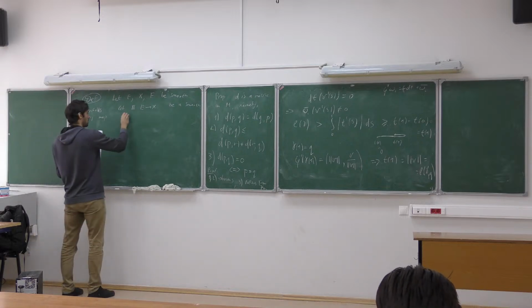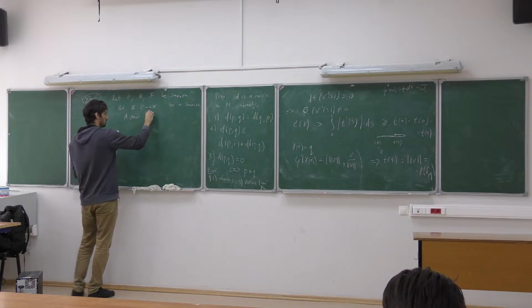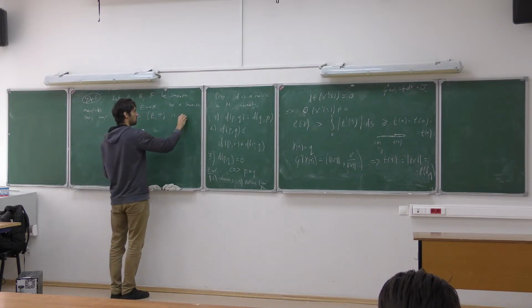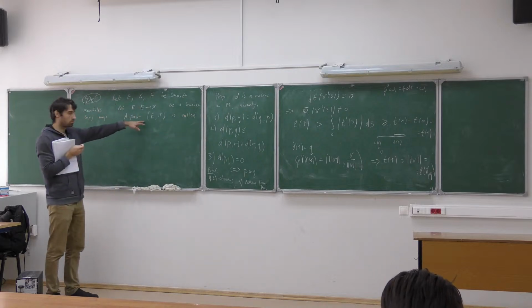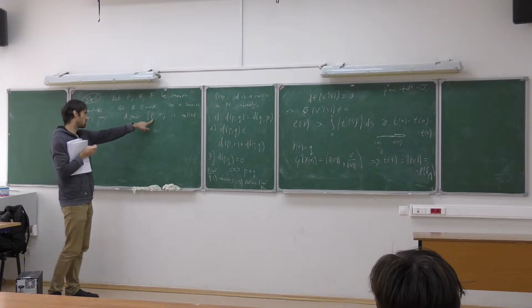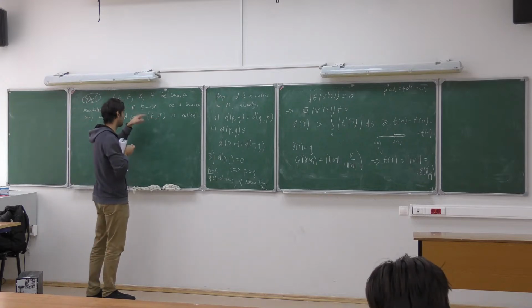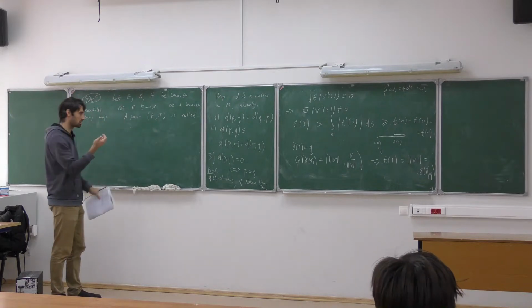Then a pair of E and this map is called, well, the terminology is the same as for vector bundles: sometimes we call it fiber bundle, sometimes the projection, sometimes both, but the data is that you have both.